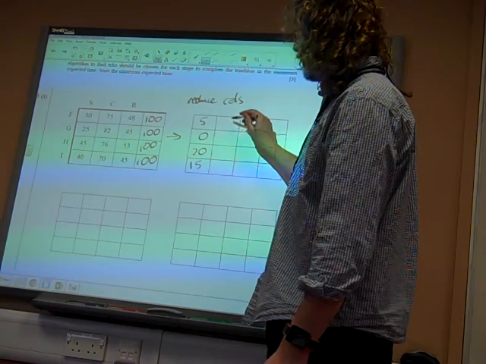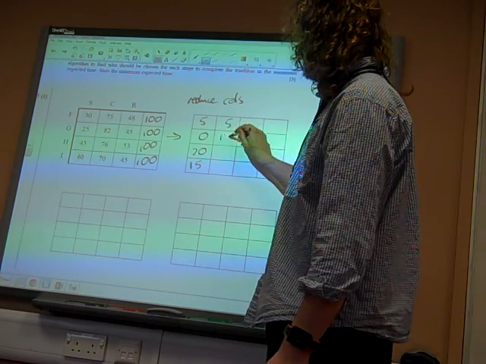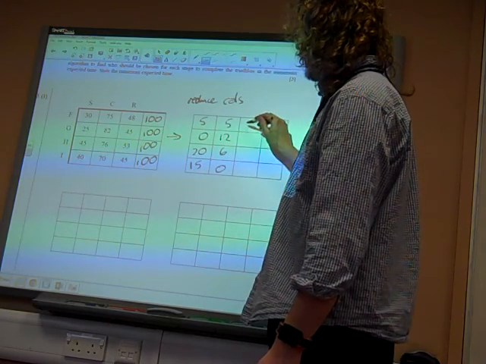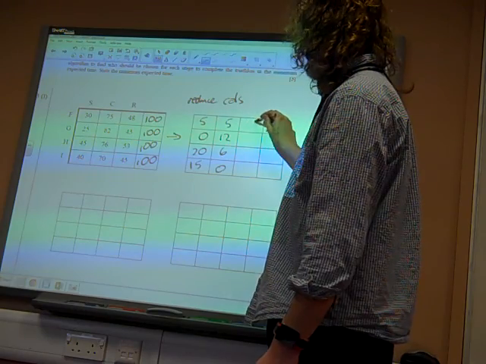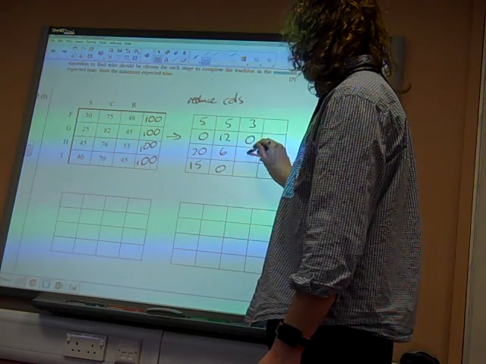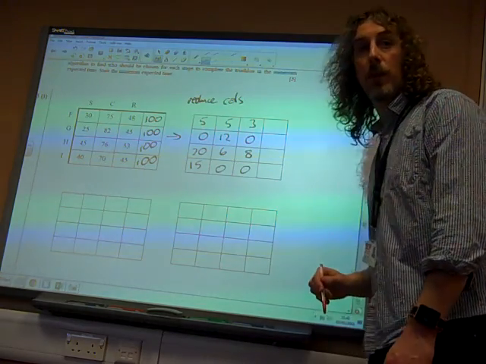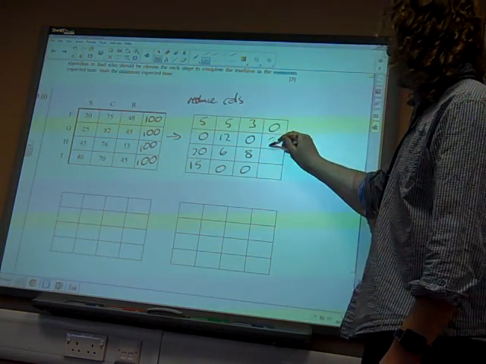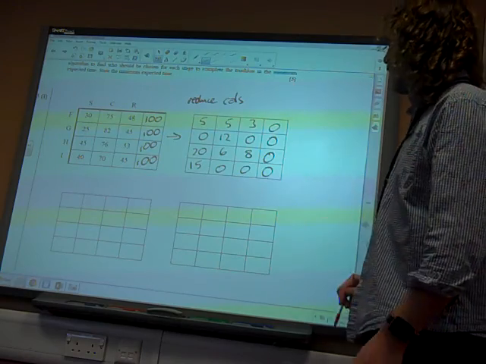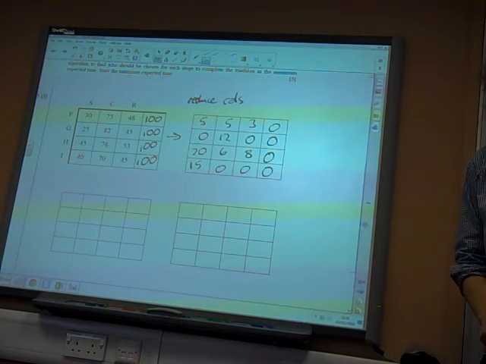We've got 70 away from this one. And we're going to take 45 away from that one. And of course we're going to subtract 100 from that column. So we've reduced the columns.